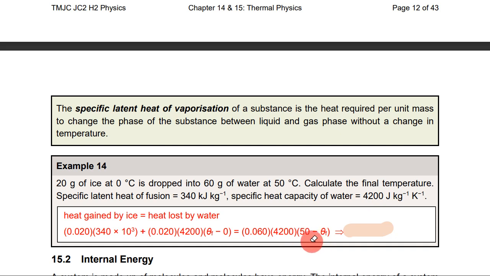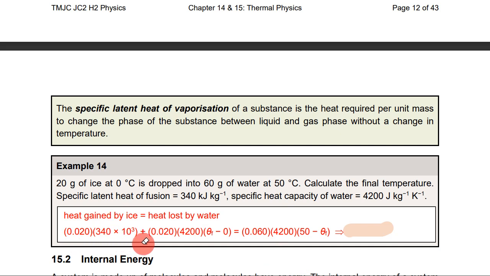But for the change in temperature, because we are dealing with heat loss, the initial temperature is higher and the final temperature is lower. So we use the initial temperature minus the final temperature, because the final temperature is smaller. You must get a positive number here, so it can be equated to the left hand side, which is also a positive number.